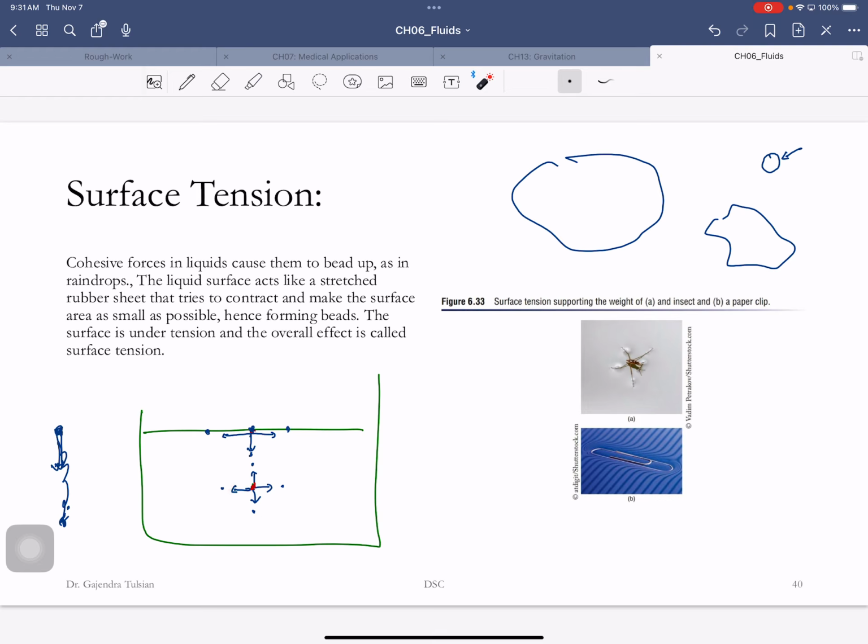So if a molecule is inside, the net force on it is 0.